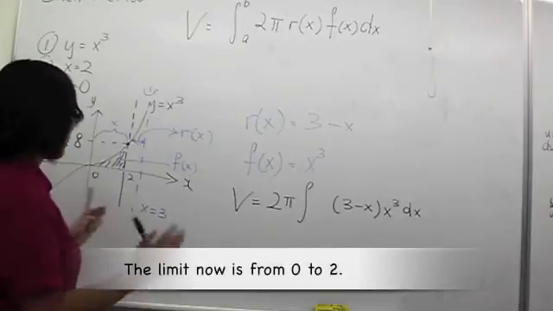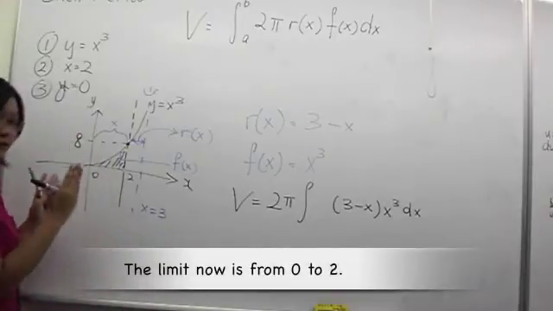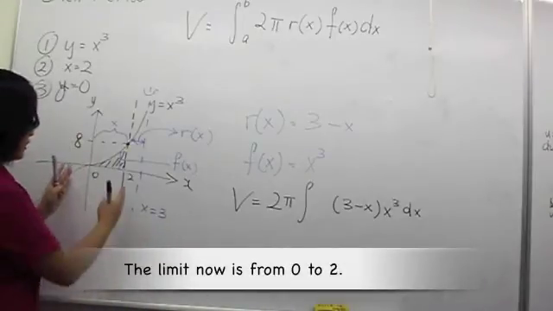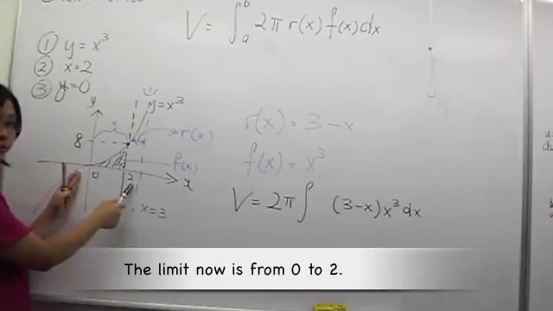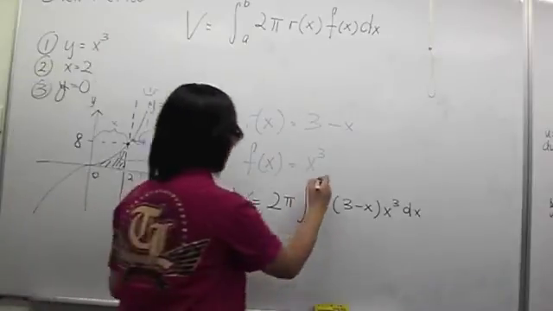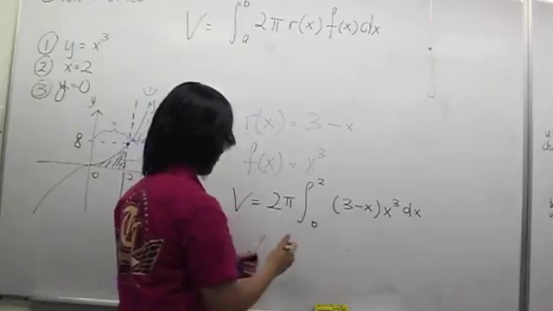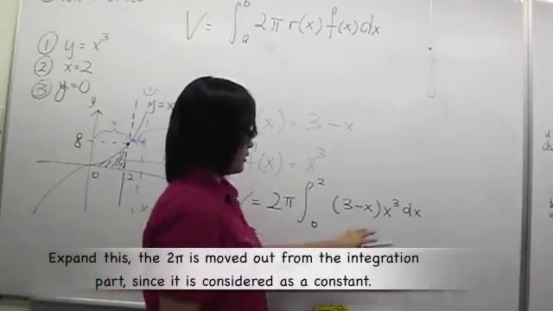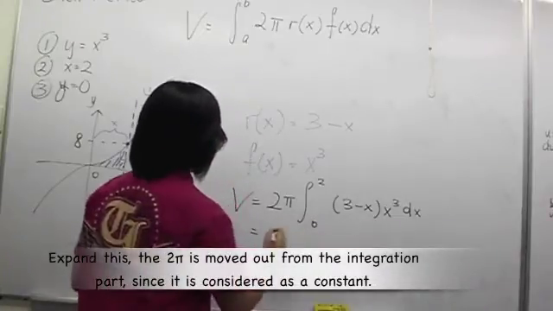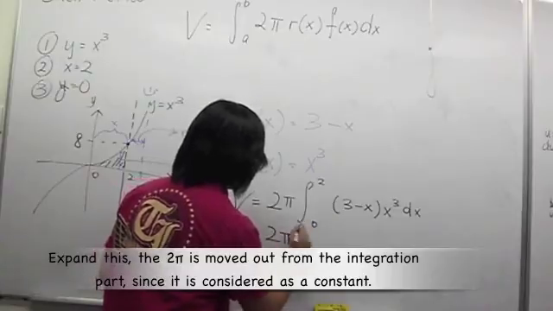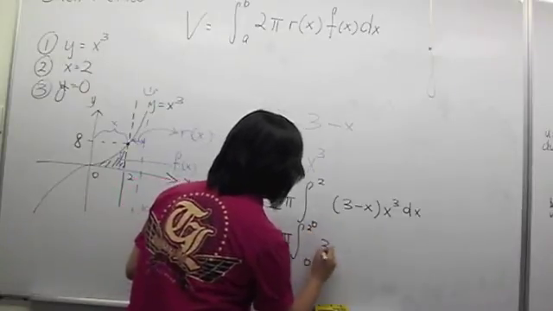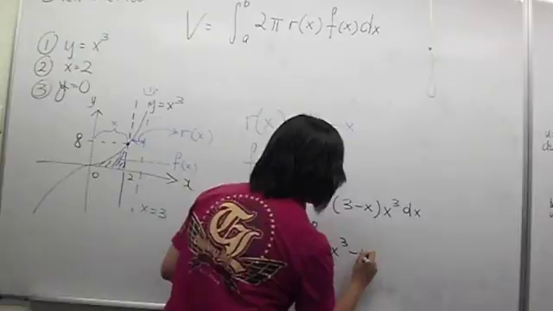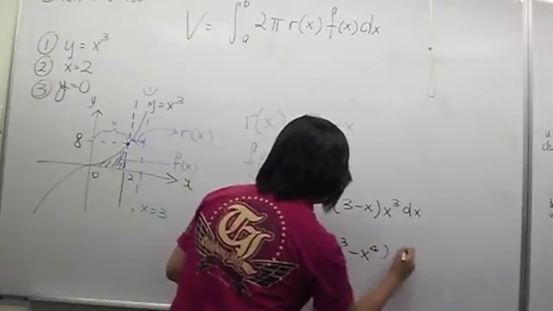The limit is from the bounded region. In this case, it's from 0 to 2. Expand this, you'll get something like this.